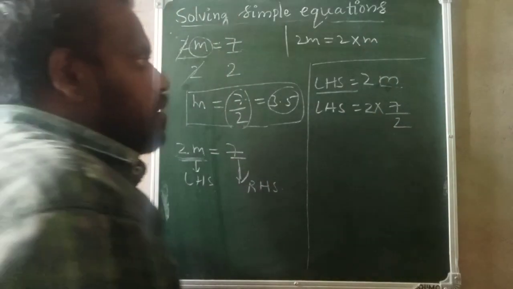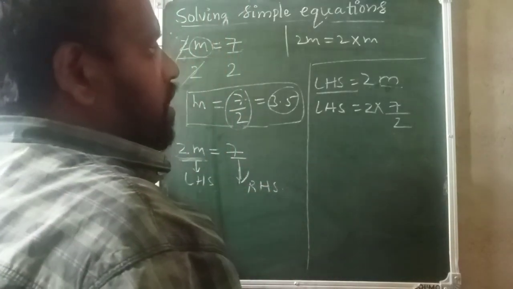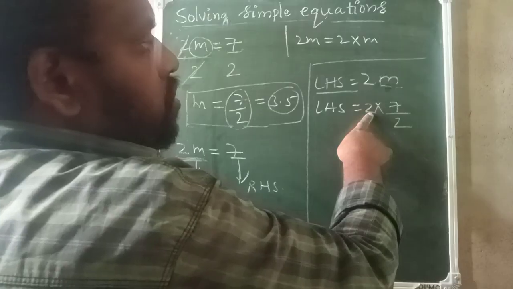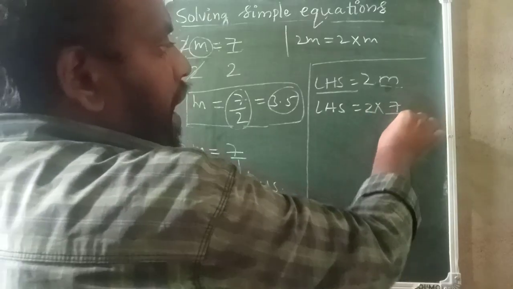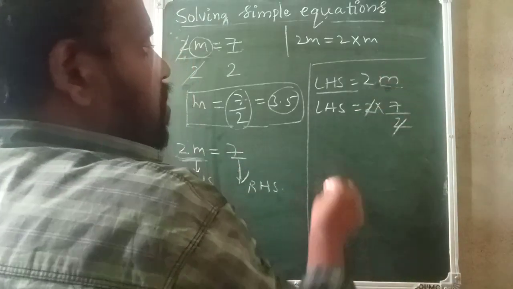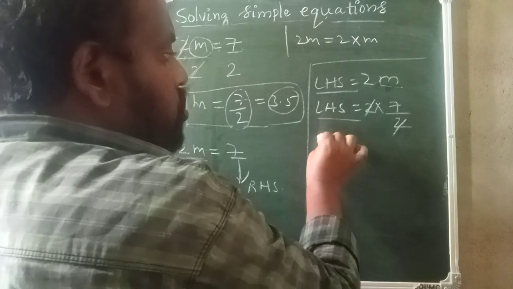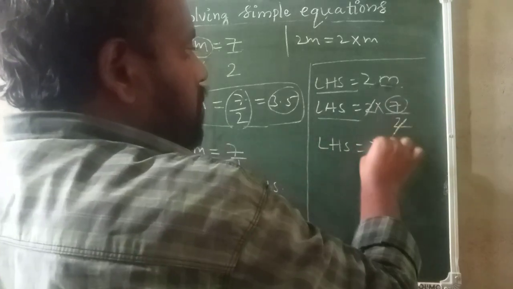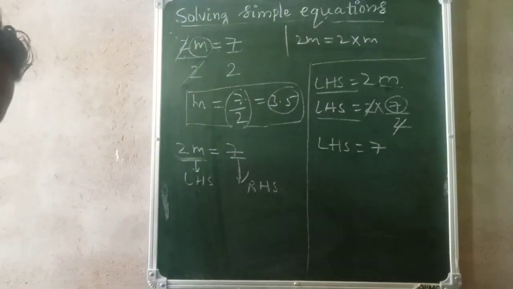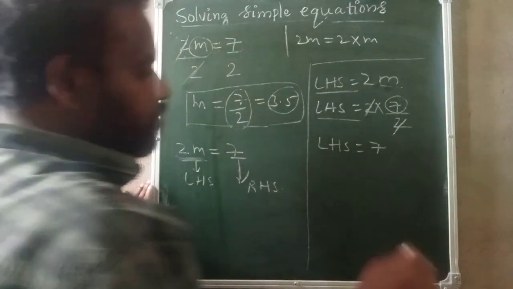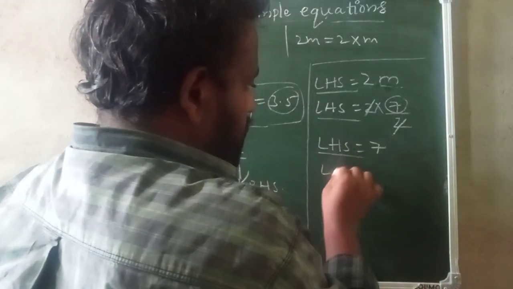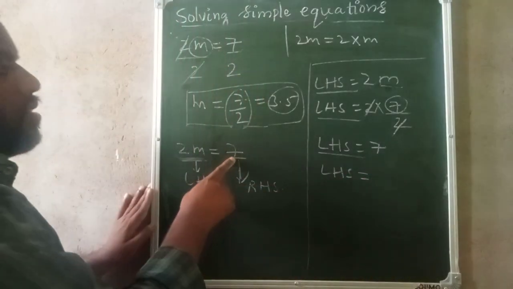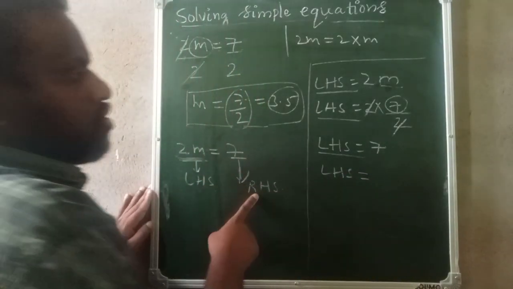So next step, because of into, this 2 and this 2 can be cancelled out. So what we got? Write this LHS is equal to 7. Next step, same LHS is equal to 7. See here 7 is RHS.